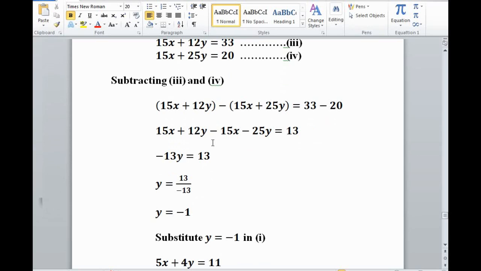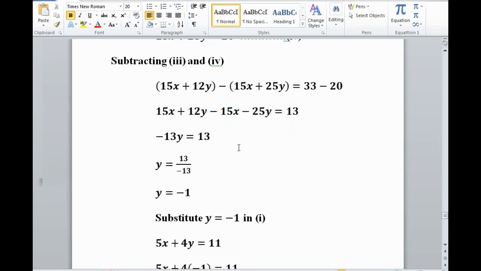Now on the left side, positive 15x and negative 15x is 0, so positive 12y and negative 25y, their difference is negative 13y, equals 13, which is the right side of the equation.